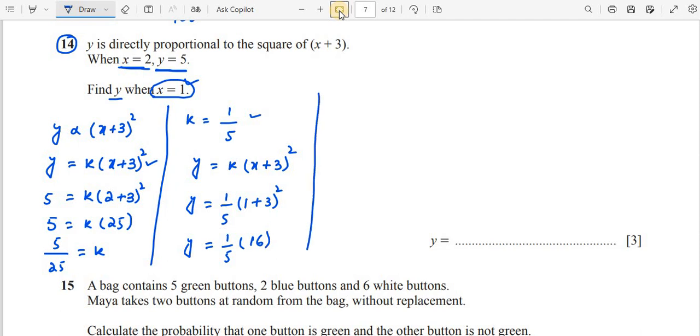So 1 by 5 multiplied by 16, y is equal to 16 over 5, which is 3.2. So the final answer is 3.2.